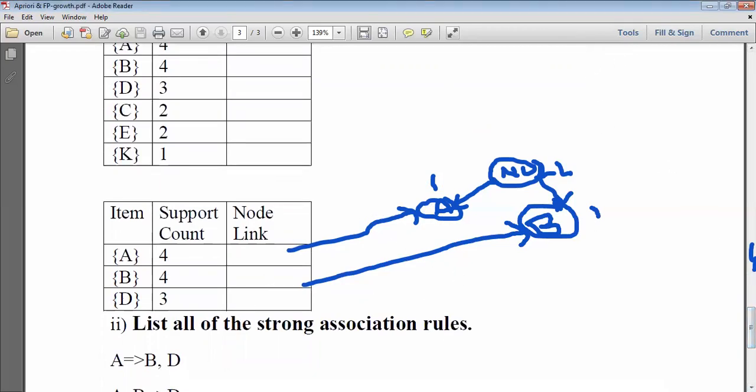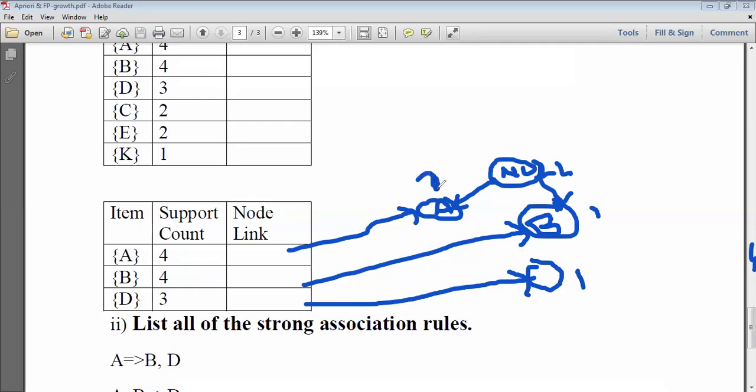Next transaction you have to write D. Next, see the another transaction: A is there, B is also there, you have to write 2, and D also you have there.